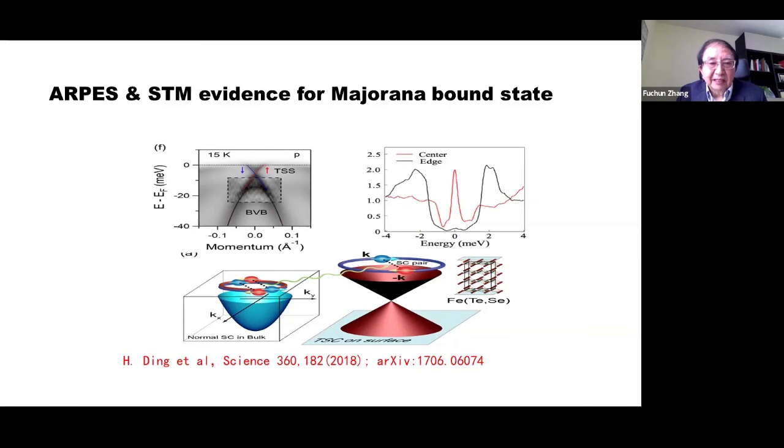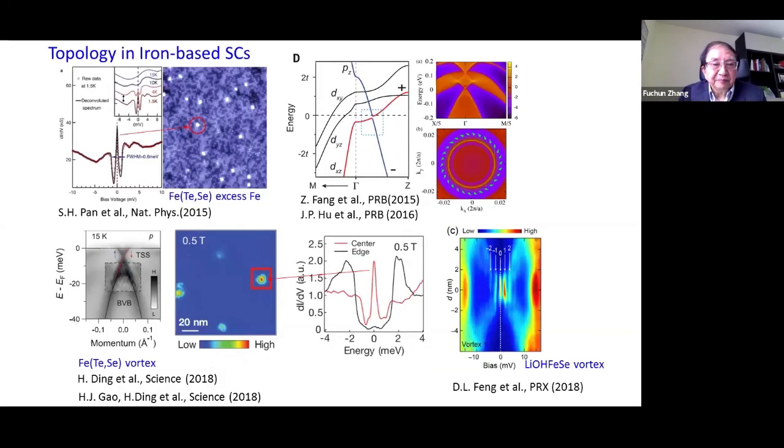The data has been carried out by a few groups. Topological iron-based superconductors were theoretically first predicted by two groups, on the surface, on the one layer and on the bulk. And that's Hong Ding's experiment.